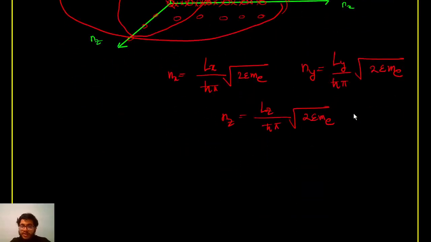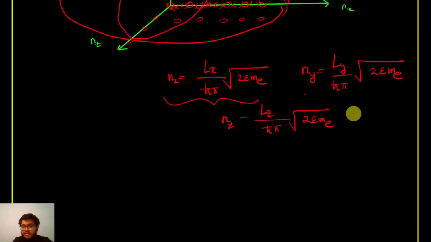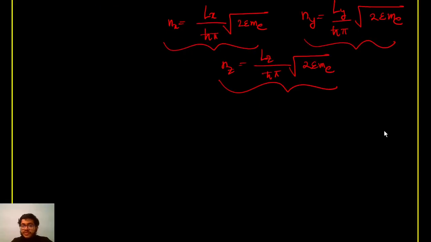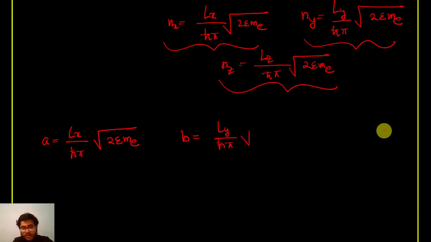So it's an ellipsoid where the semi-major axes are A, B, and C. A equals Lx by h bar pi root 2 epsilon me, B equals Ly by h bar pi root 2 epsilon me, C equals Lz by h bar pi root 2 epsilon me.